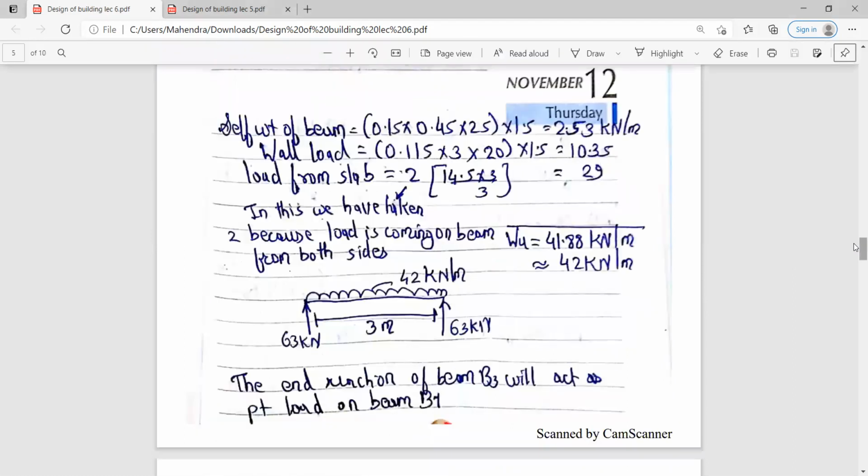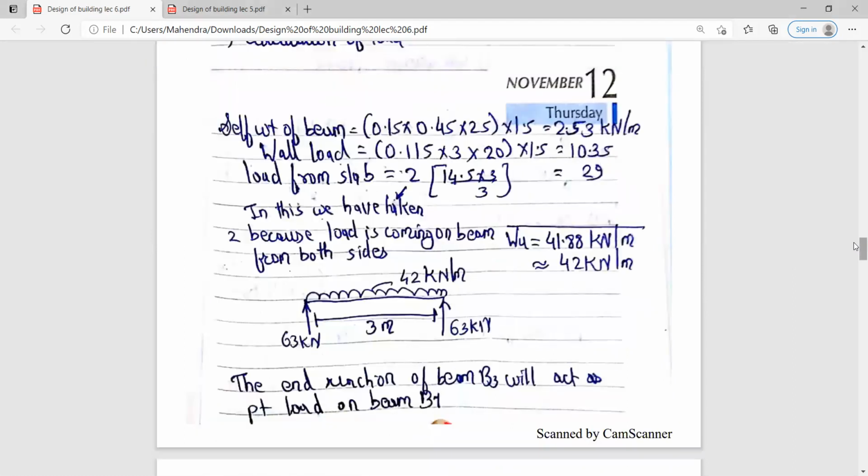So the end reaction of beam B3 will act as a point load on beam B7. Whatever end reaction is there for beam B3, that is 63 kilonewton, will act as a point load on beam B7. Did everyone understand the loading calculation? Any doubts in this loading calculation?